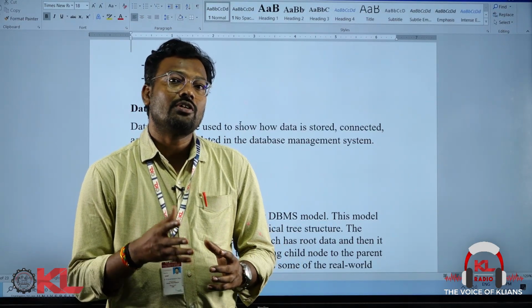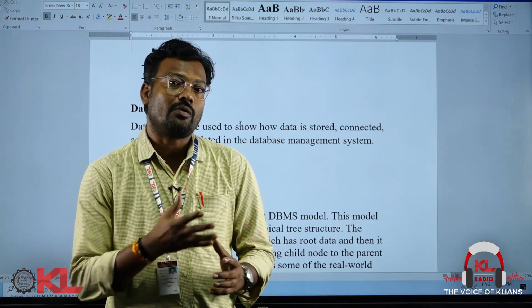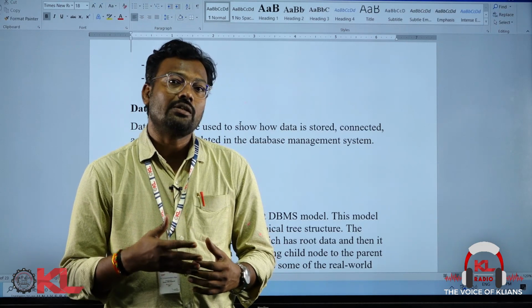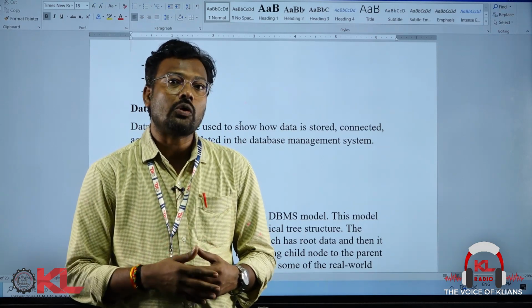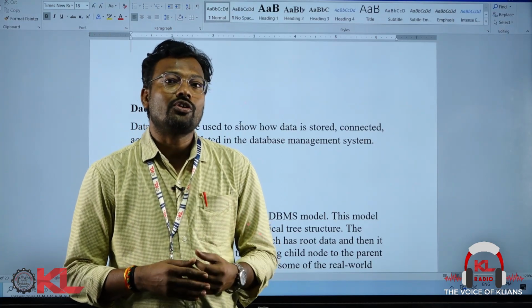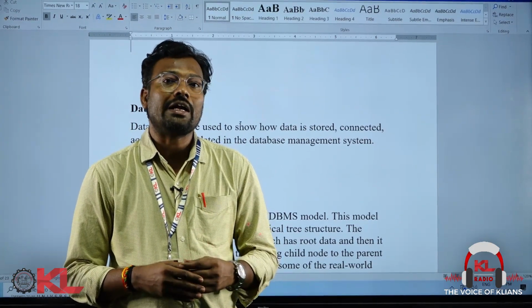In DBMS, these data models are very important, because we are dealing with the way data is going to be organized and the way we are going to access all that information. First, we are going to see the first kind, the hierarchical data model.